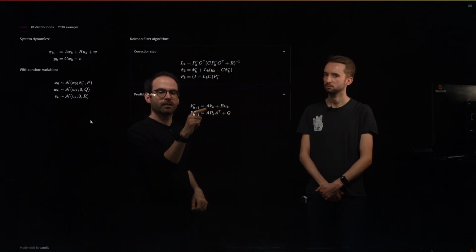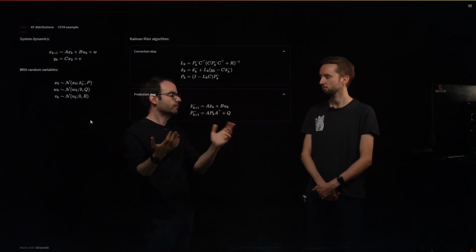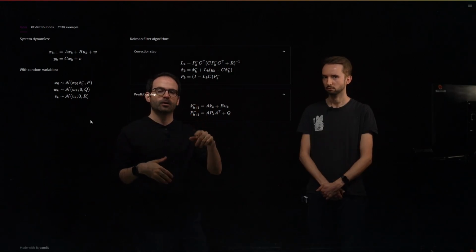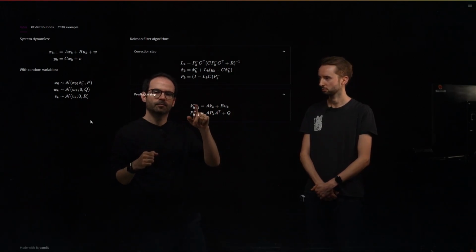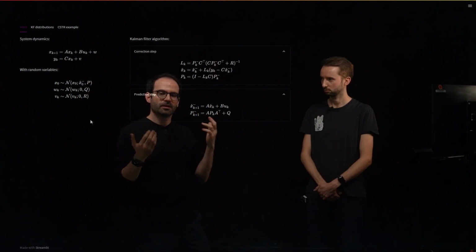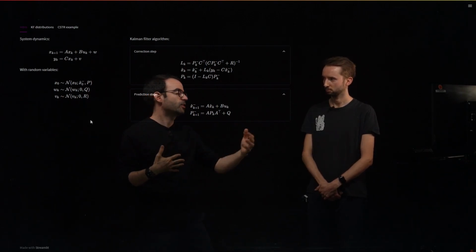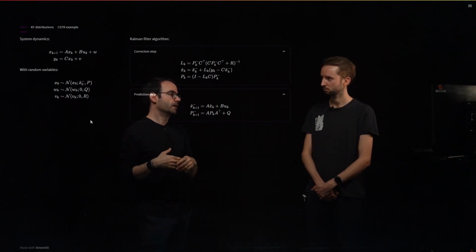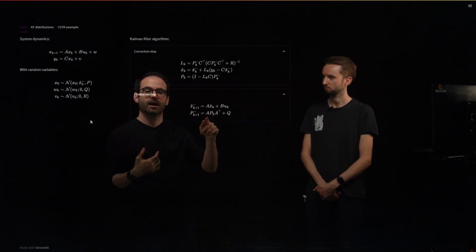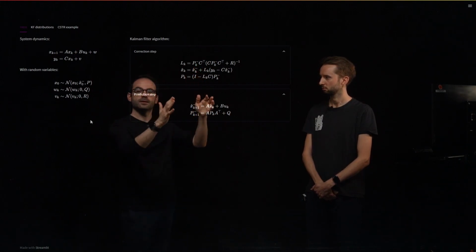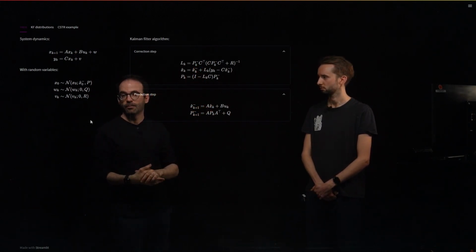Since we have a linear model, the propagation is very simple. We just apply our model. And because everything is Gaussian, we can also propagate the covariance of this estimate in one step using the system dynamics as we have here. So those are just the typical equations that you know from a Kalman filter.